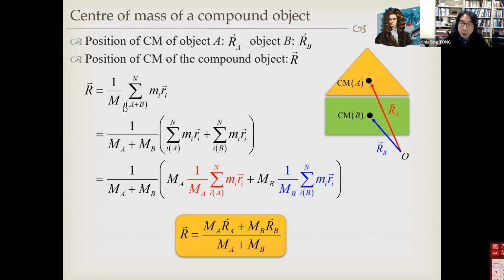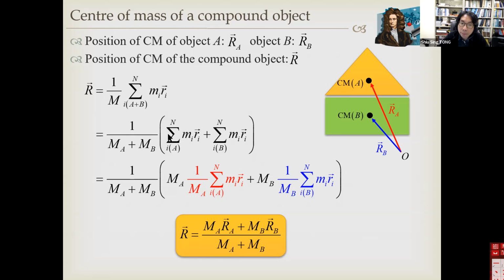So the sum here will include both object A and object B. But since it's a summation, I can always decompose it into the summation over A and the summation over B, because they are just added together. So we can decompose this total sum into a summation over object A and a summation over object B, and then add them up together.